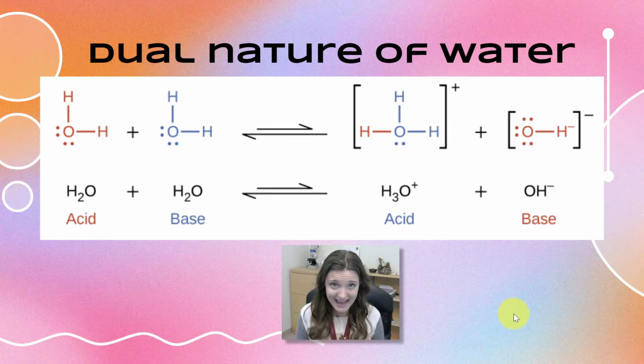What I mean by that is water can both accept a proton, accept a hydrogen atom, and donate a hydrogen ion to solution. So when water is in the presence of an acid, it can accept an extra proton, become H3O+, what we call a hydronium ion.